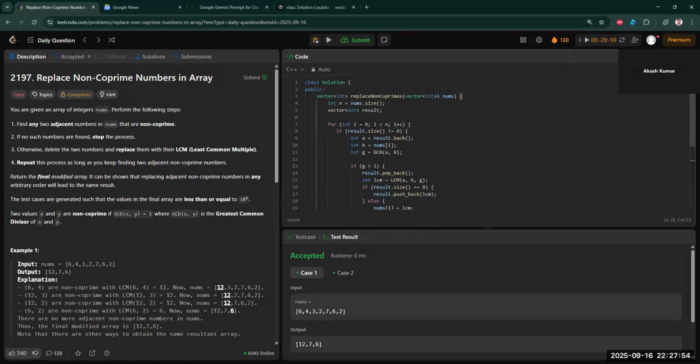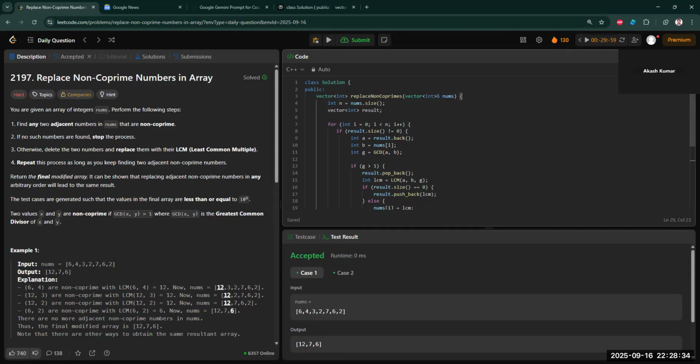I have declared an array result. I will keep pushing numbers into the result array as we progress through processing the numbers. I start from the first element.